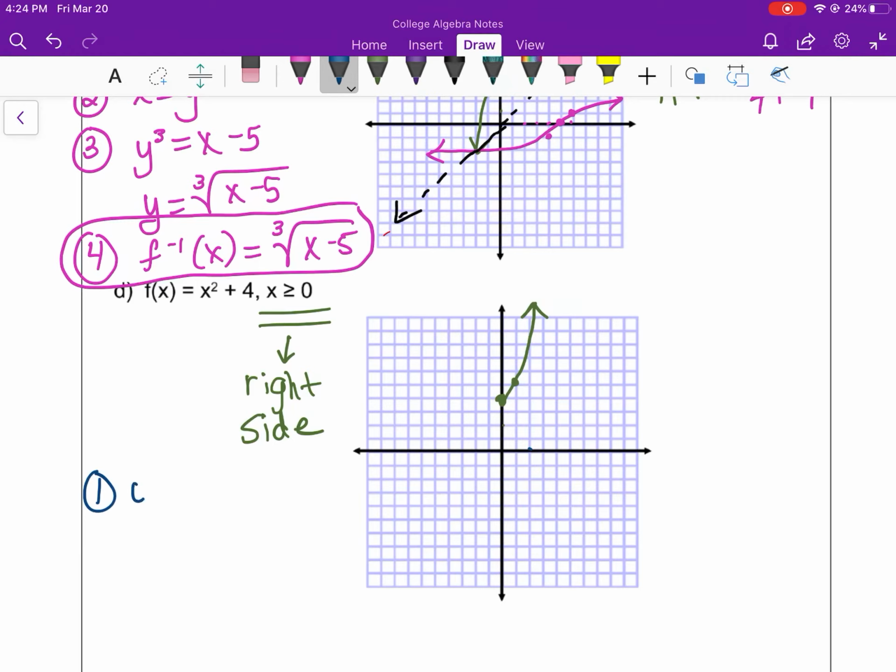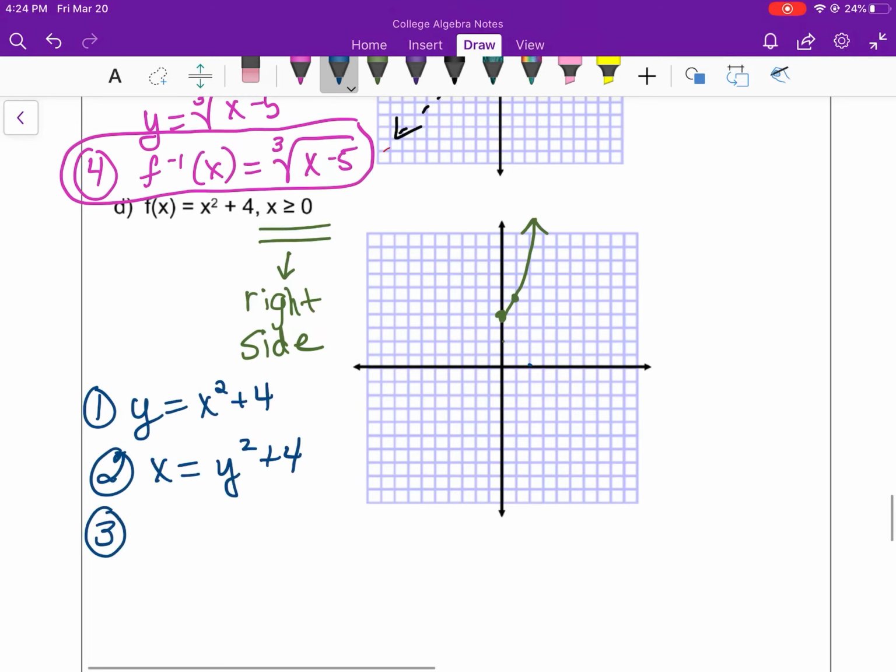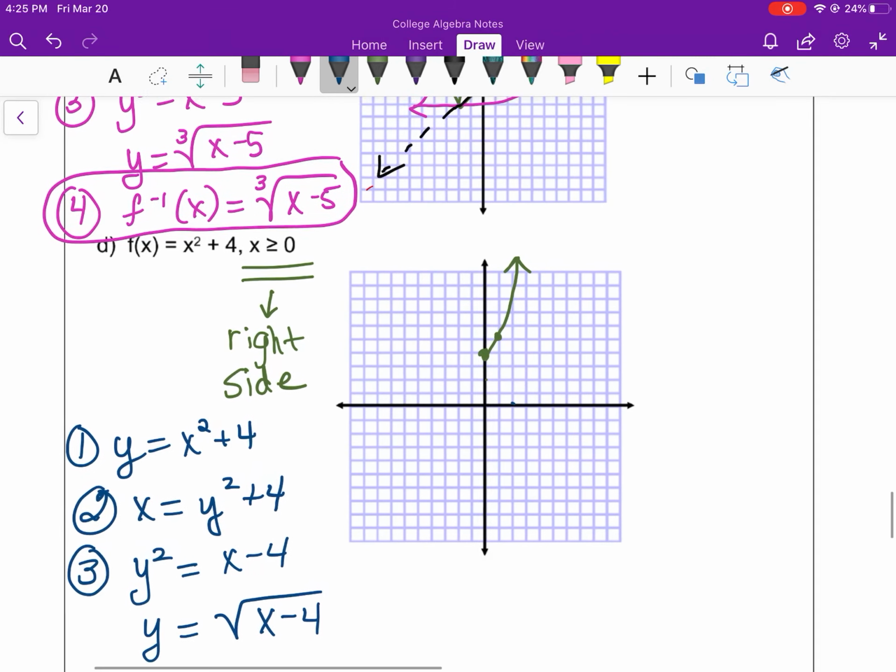So step 1, step 2, step 3, solve it for y. Let's see, y squared equals x minus 4. Y is the square root of x minus 4. Okay.